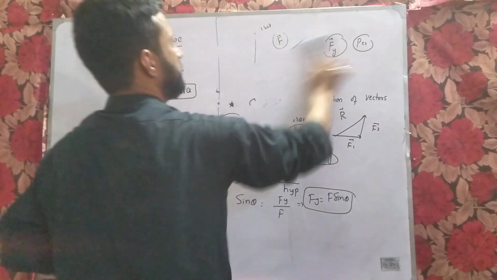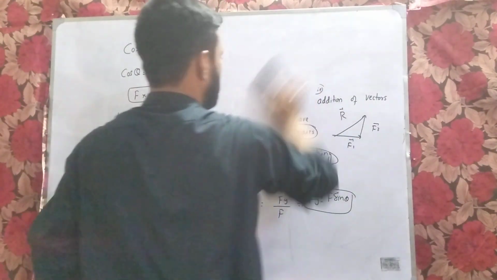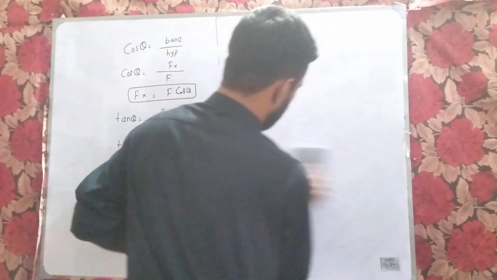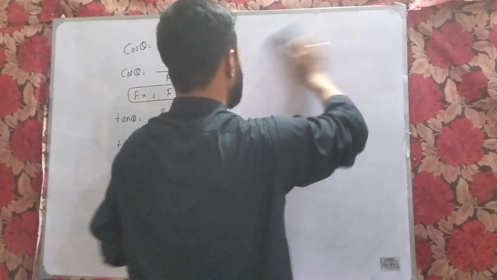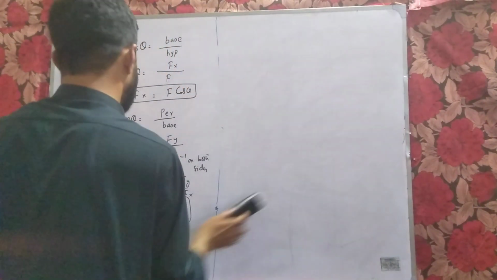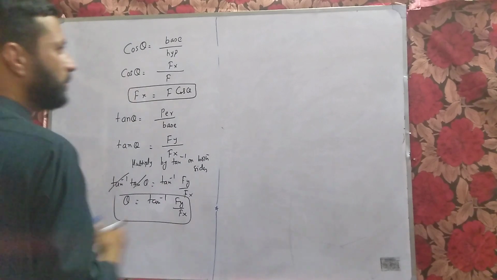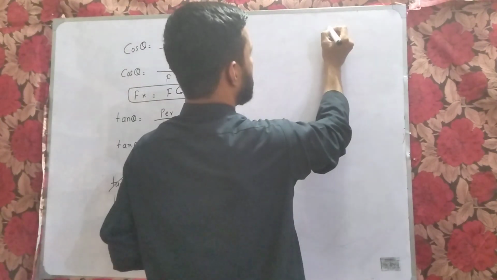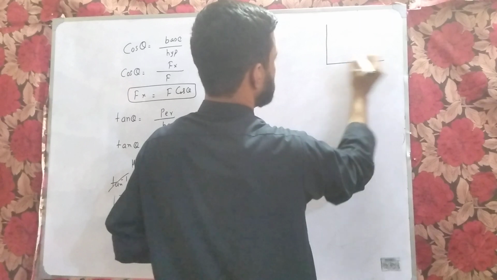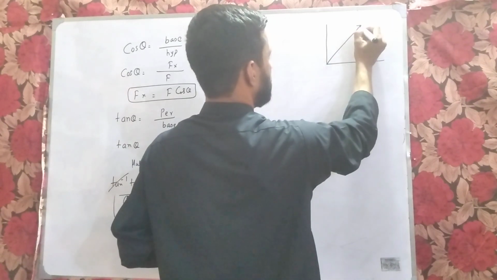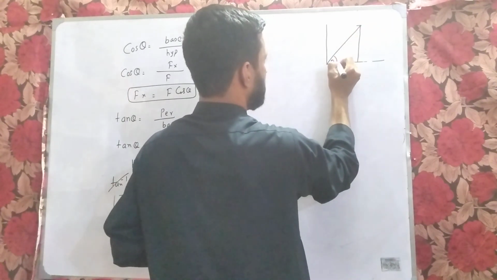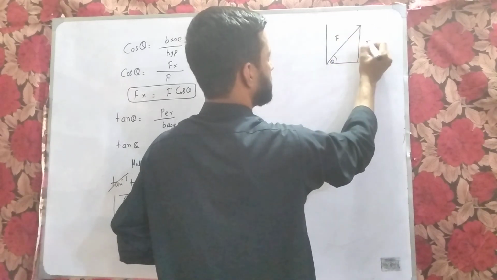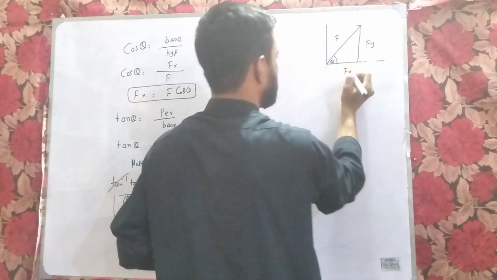Now we are basically finding the resultant of f. We would again draw that diagram. That was basically f, this was theta, this was fy and this was fx.